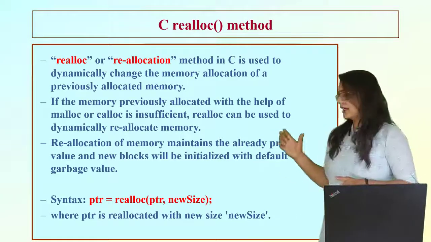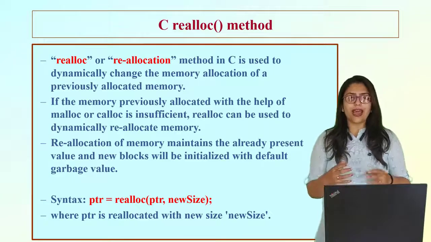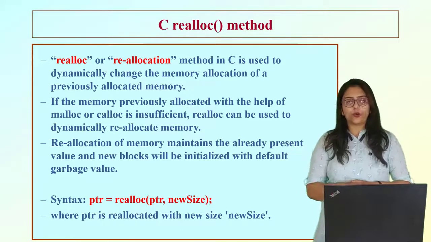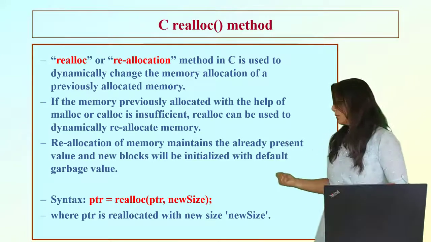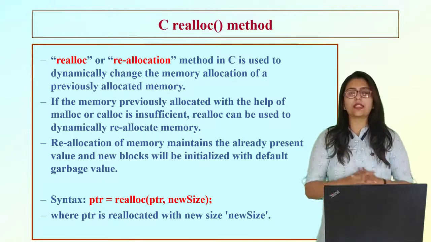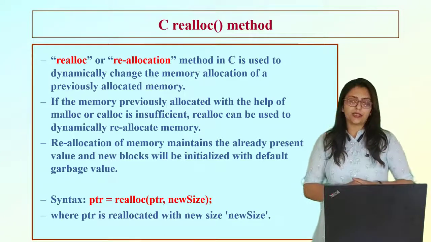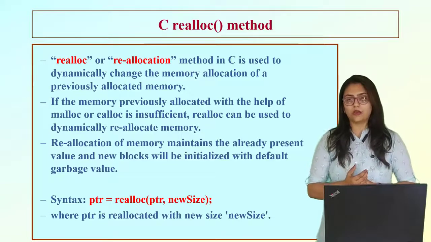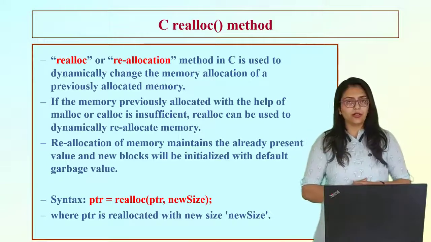So here whatever block is being assigned, it will be carrying garbage value. And the syntax for reallocation is shown over here. You can just copy down the syntax. Where ptr is reallocated with new size. So if I want a new block with size 1000, here you will have to write 1000 bytes.